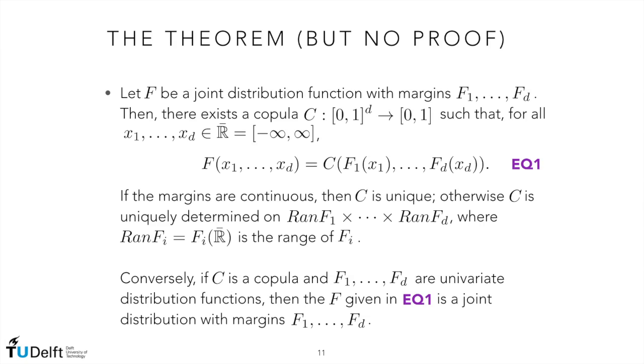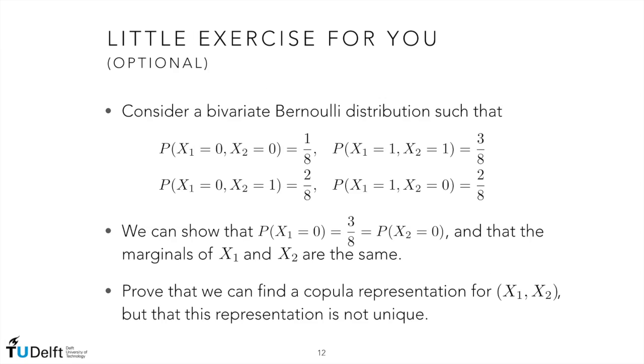If margins are not continuous, then we can still find copulas, but they are not uniquely defined. For those of you that like to play a little bit with mathematics, here is an exercise. It is a simple way of proving that with discrete marginals we cannot have a unique copula.